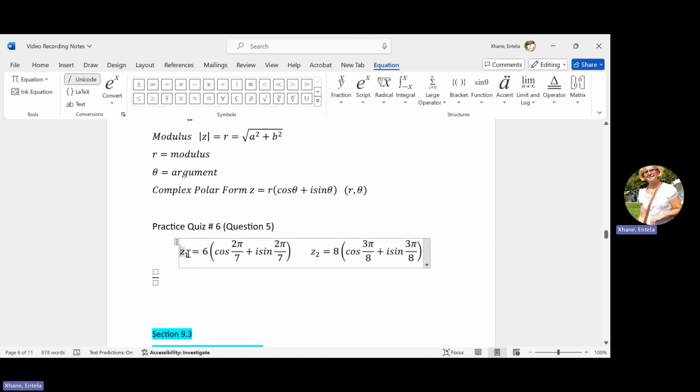That means I'm dividing this z1 by the z2, and let's place it in there. When I divide the modulus of the first, the order counts, even though you have a 6 at the top and 8 at the bottom, that's still okay. You cannot change that order, by the way.